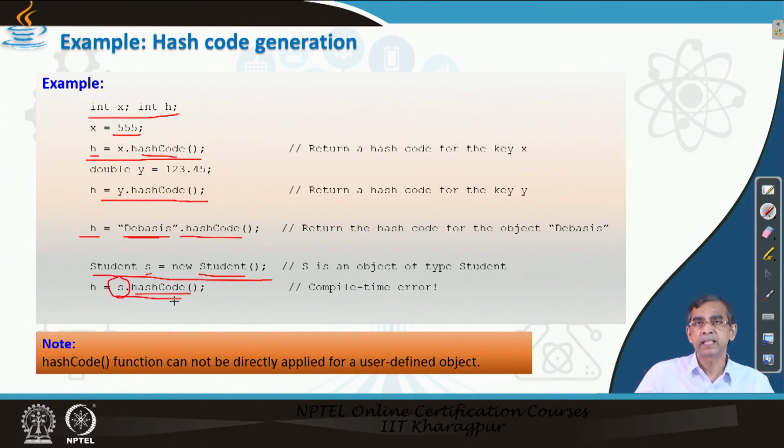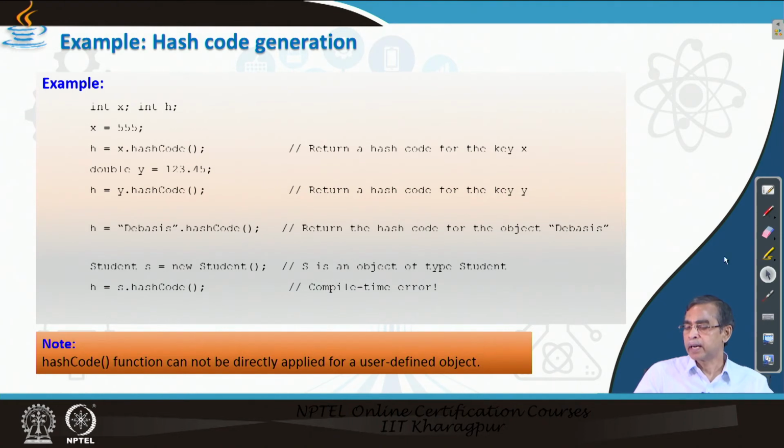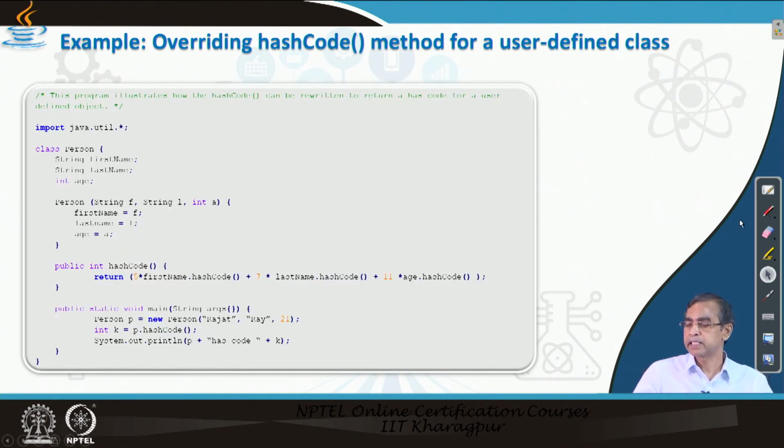So here you need to define your own hash code for the newly defined class, Student for example. Now, let us see how such a hash code can be overridden, and there is a program. You can consider this program as an example.